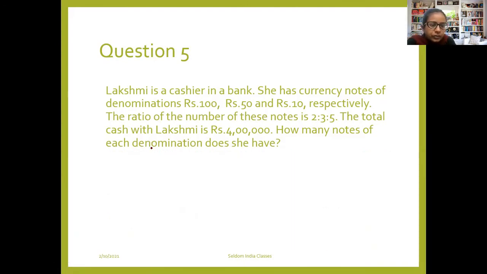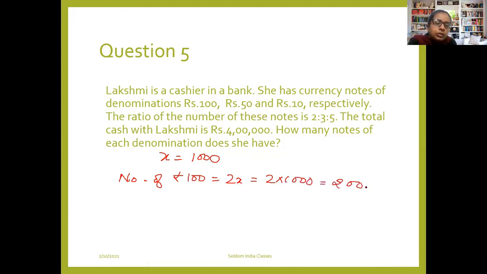So the value of x that we got is 1000. The number of 100 rupee notes was 2x, so 2 into 1000, 2000 notes of 100.